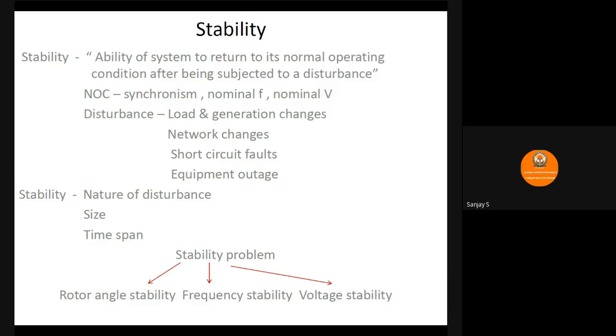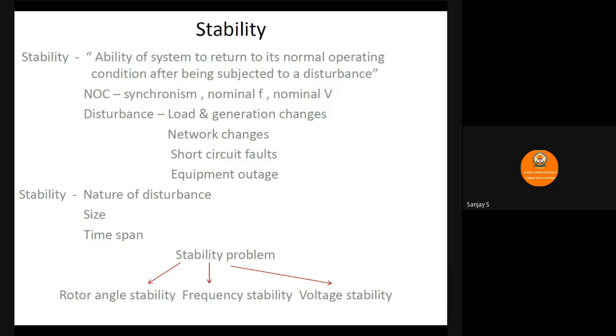Nature of disturbance in the sense whether the system will be able to regain stability or not will depend on the type of disturbance among the four: load and generation changes, network changes, short circuit fault, equipment outage. In each of these different disturbances, the behavior of the system will be different.